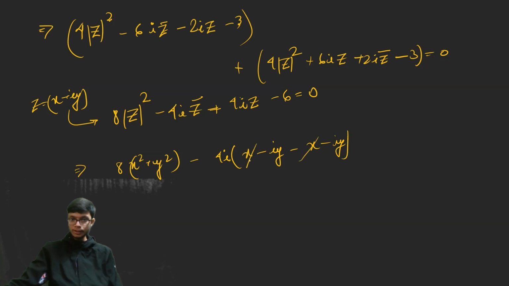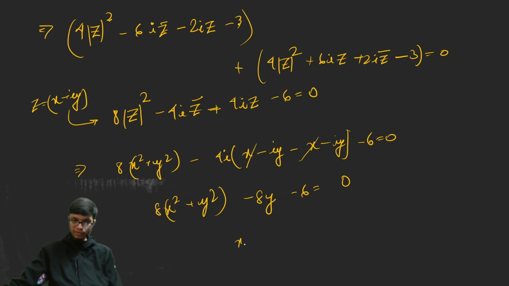So here this particular value gets cancelled, and minus 6 is equal to 0. So from here you will get the relation as 8 times (x square plus y square), minus 8y, and minus 6 is equal to 0. You can simplify this as 4 times (x square plus y square) minus 4y minus 3 is equal to 0.